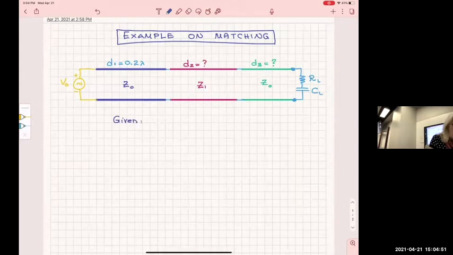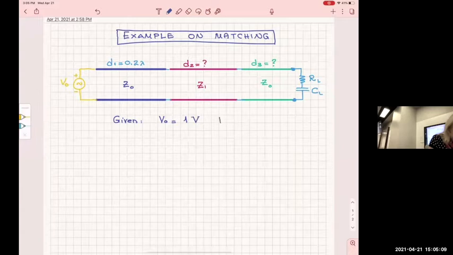They give you information about the source: V naught, say for example, is 1 millivolt, or no, this is too small, so say 1 volt. Even if we don't, it's not necessarily that important for us.